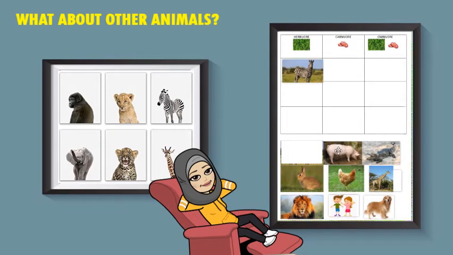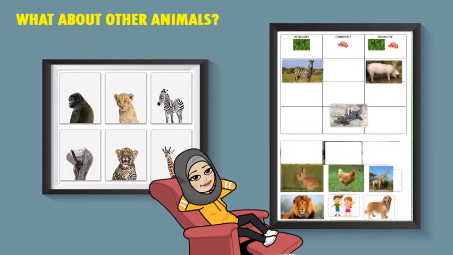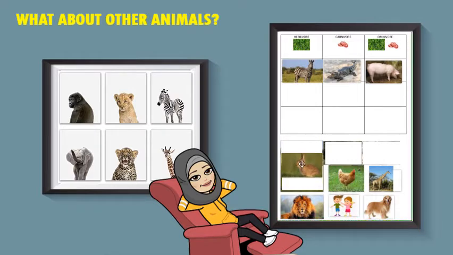So pigs feed on both plants and animals. Crocodiles. Crocodiles are wild animals. They feed on other animals, so they are carnivorous animals. Rabbits. Rabbits love salads, lettuce, so they are herbivorous animals.